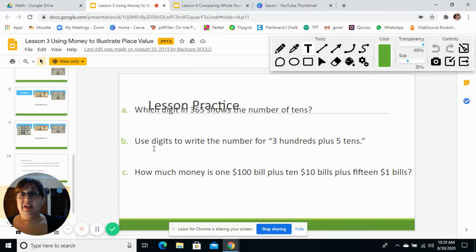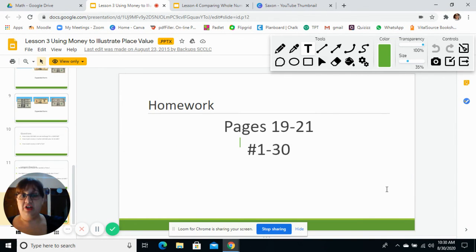Lesson practice B. Use digits to write the number for 300 plus 5 tens. Use digits. That means you're going to use numbers. Letter C. How much money is $100 bill plus $10 bills plus 15 $1 bills? Go ahead and write your answer.